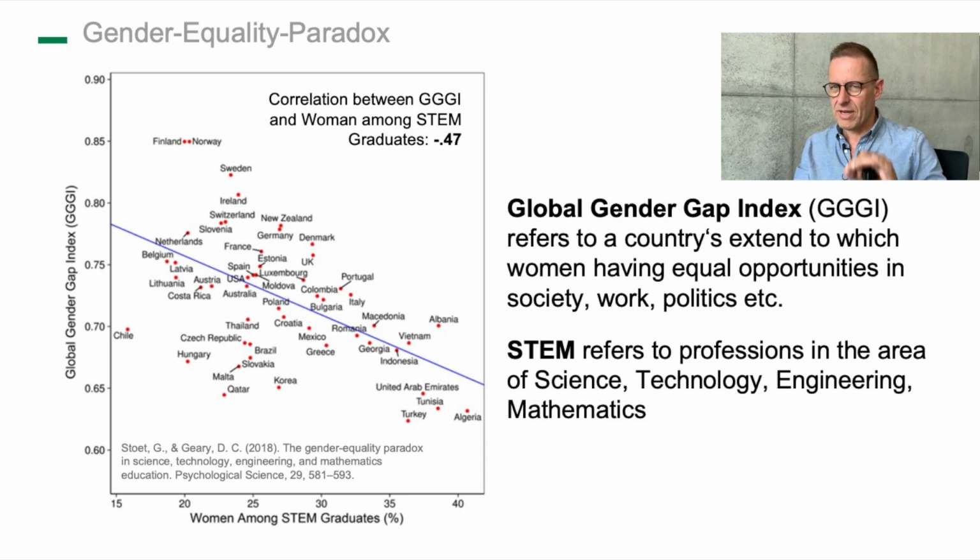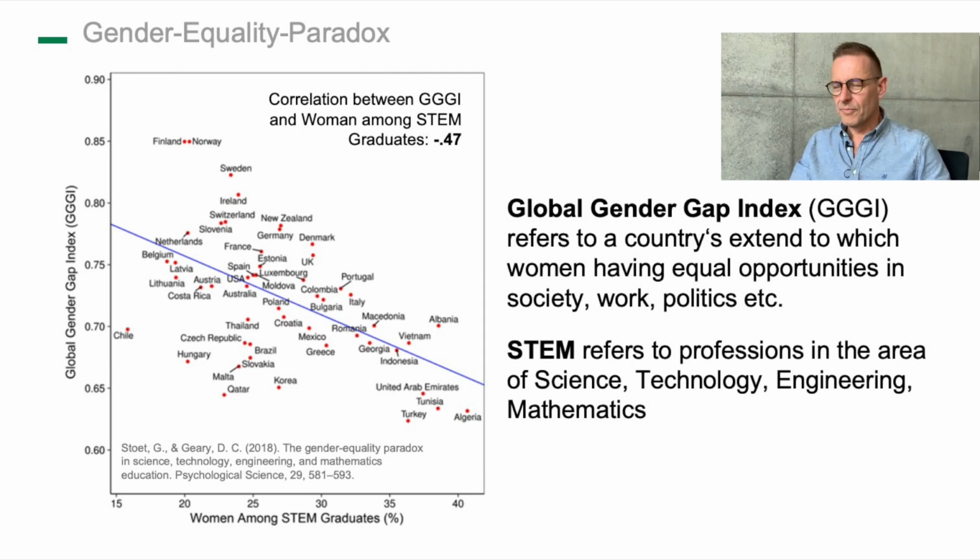Okay, that's a very interesting study when it comes to topics like gender equality or diversity, and it's named the gender equality paradox, because very often in our sometimes ideological debate about gender equality, we assume the exact opposite.